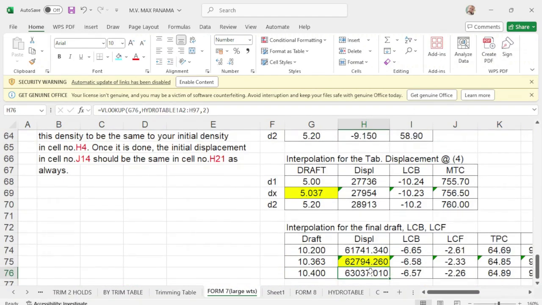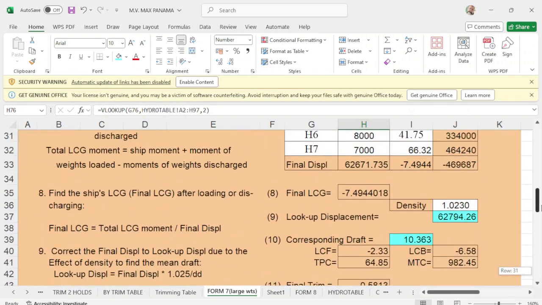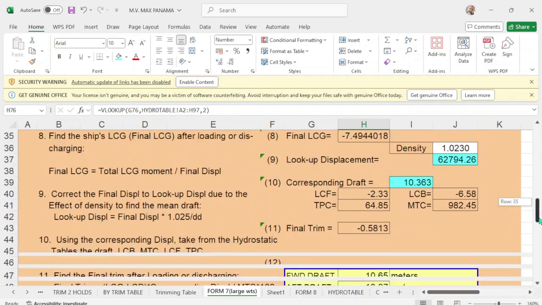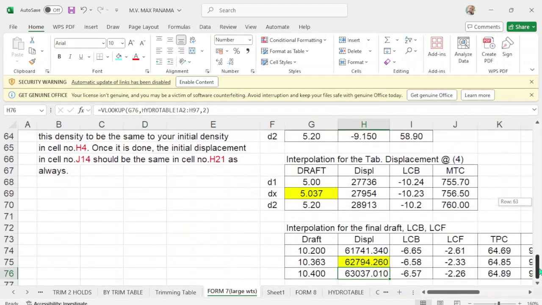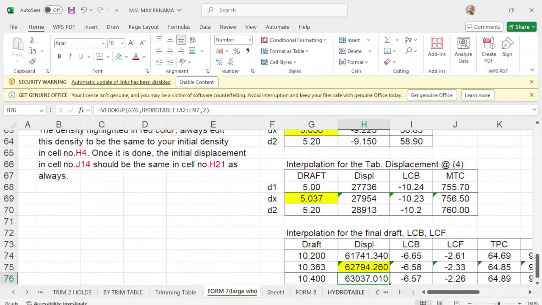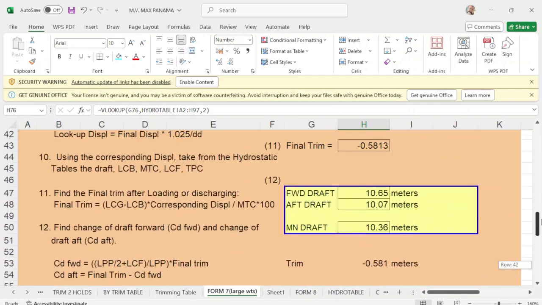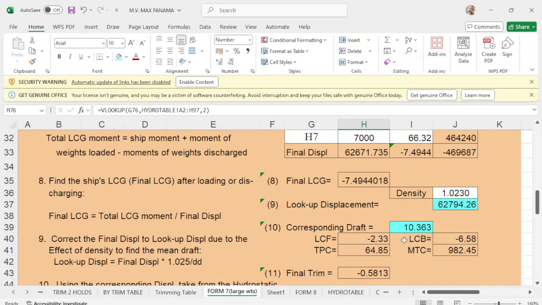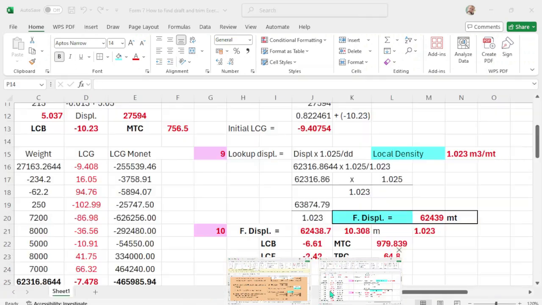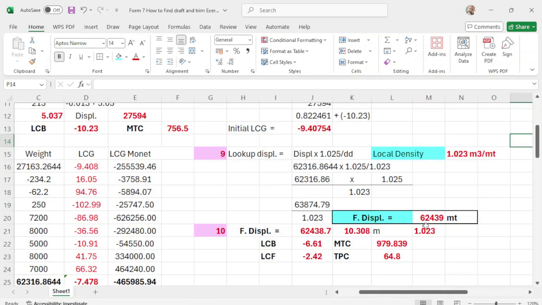Okay. 62794, and the corresponding drop is 10.363, and you will see here 10.363. Okay, so I got, with this drop of 62439, my drop is 10.308. Okay, with this density. So I just use mine, guys.